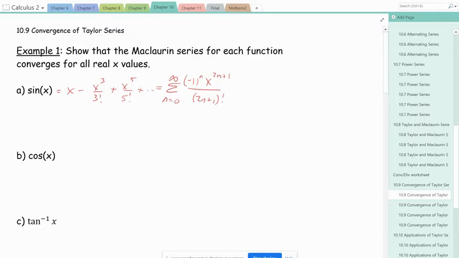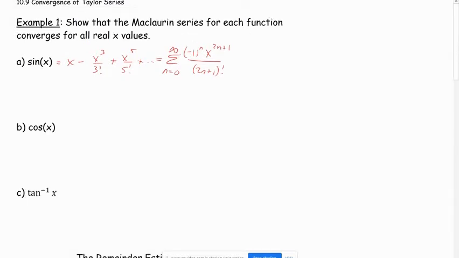And so to find the interval of convergence for this series, we'll do the same thing we did in many of the problems from 10.7, and that is we'll use the ratio test.